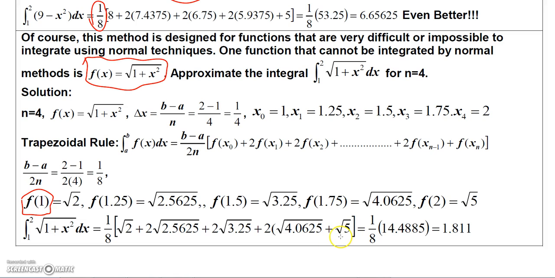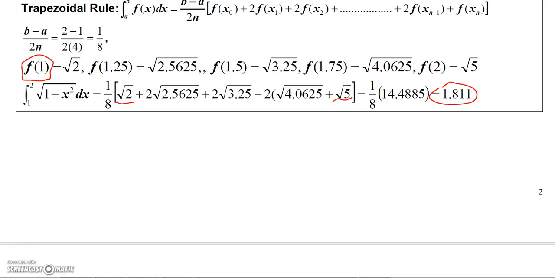And so remember, the first term and the last term, you don't multiply by 2. Okay, so you add all those up, and then you multiply by 1/8. And so I got approximately 1.811 for that approximation. And so that's the trapezoid rule.